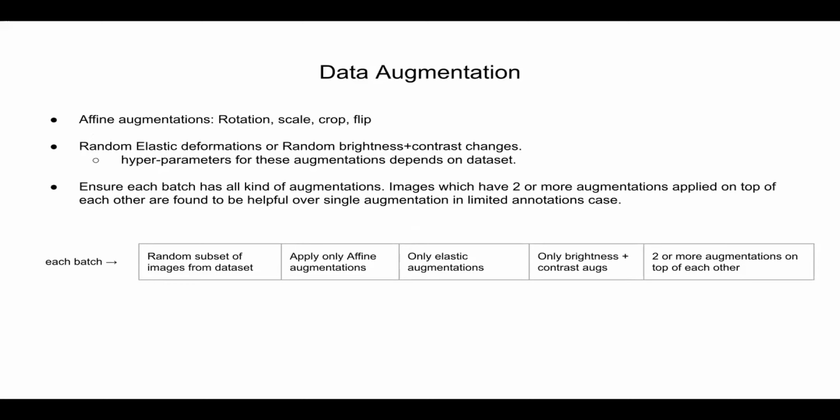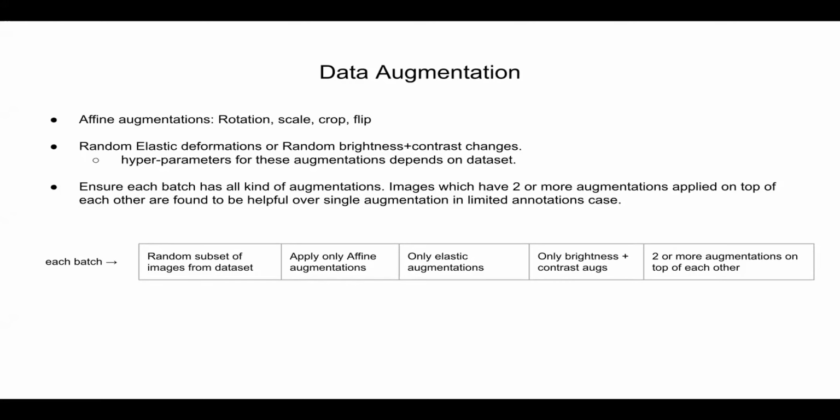The next factor is data augmentation, and we have seen that introducing a wide range of data augmentations in the training helps boost both the baseline and the method you are developing. The easier data augmentation techniques include affine augmentations, which include rotation, scaling, cropping, and flipping.